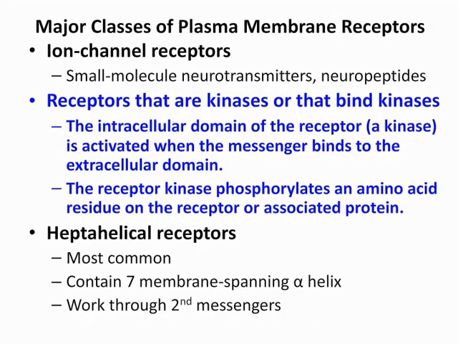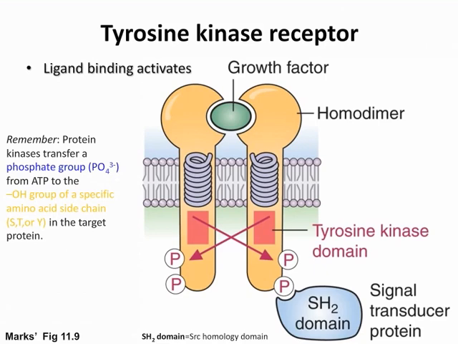The second class of plasma membrane receptors are receptors that are kinases or that bind kinases. There's going to be 3 that we're going to talk about. The first one is tyrosine kinase receptor, then we have JAK-STAT receptor, and third is serine-threonine kinase receptor. We'll go through all of these in the next few slides. The first one we're going to talk about are tyrosine kinase receptors.